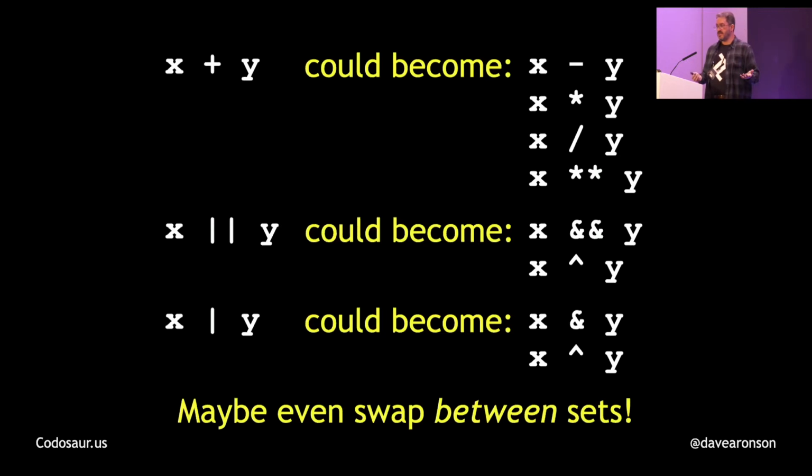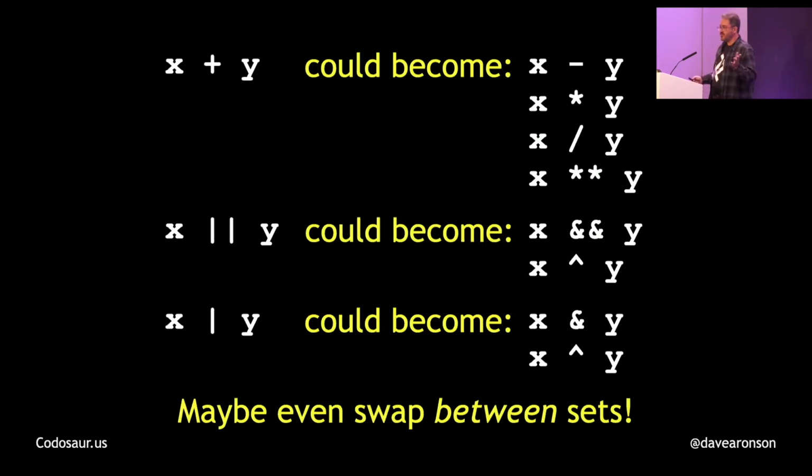So for instance, in many languages, we could treat anything as Booleans. And in particular, in C, we don't have real Booleans per se, but we can treat anything as them. So x times y could become, for instance, x and y, or x exclusive or y.